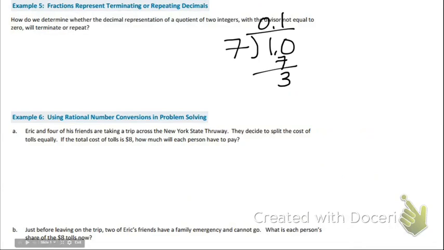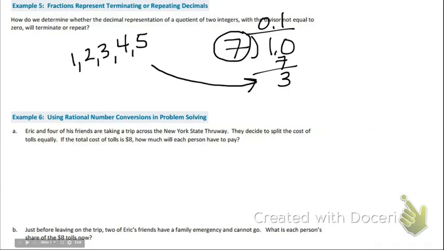Now this remainder here can only be one of a few possibilities, and it's all based on what this divisor is. With a divisor of 7, this remainder is only going to be either 1, 2, 3, 4, 5, or 6.